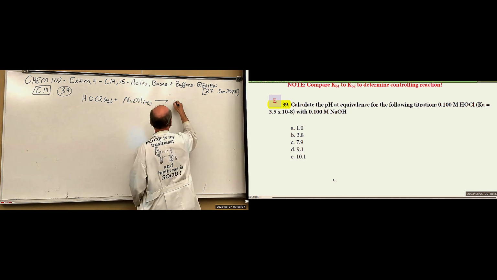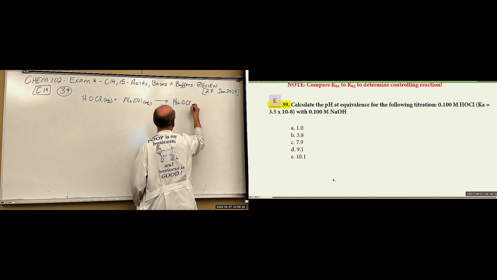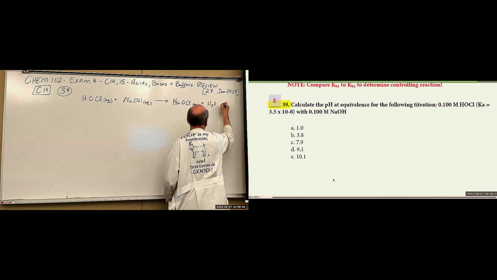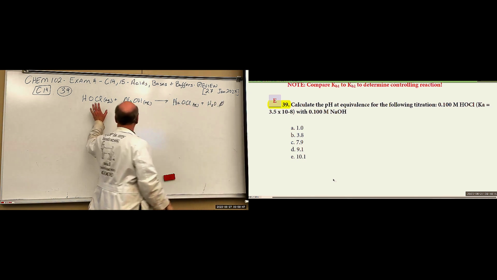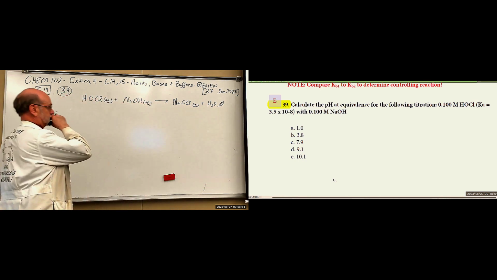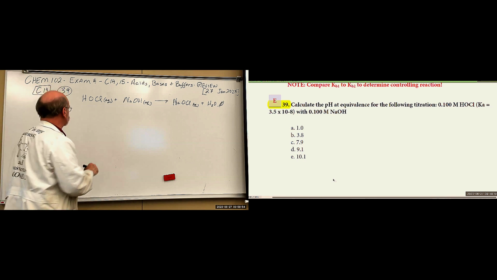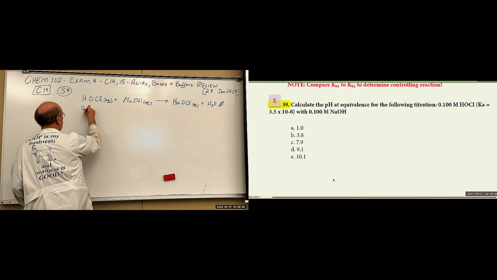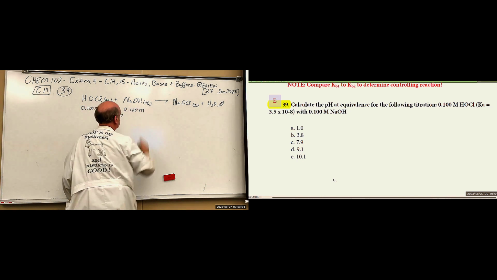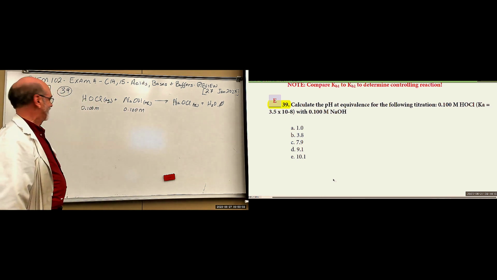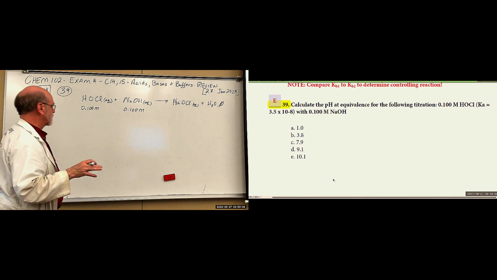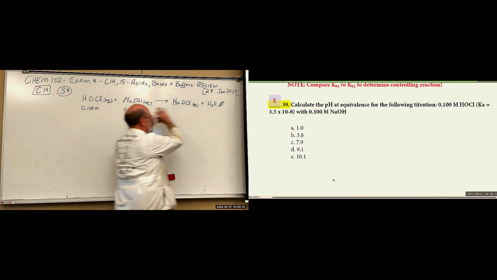And it's going to produce sodium hypochlorite in solution plus water, right? Always acid, base, salt, water. Okay, the concentrations here, we're starting off with 0.1 molar and 0.1 molar. Okay. All right, we're going to equivalence. So that means all of this is going over here.